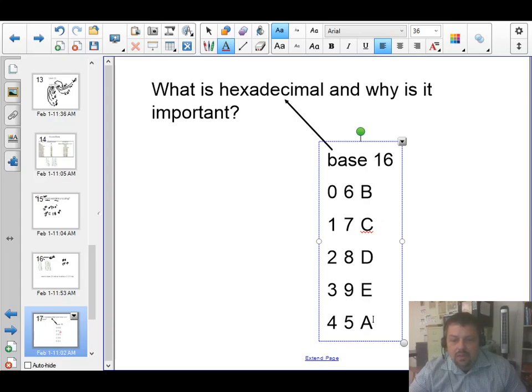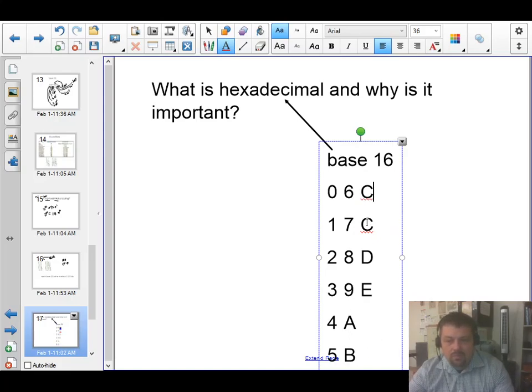So F should go there. There we go. So 0, 1, 2, 3, 4, 5, 6, 7, 8, 9. So that's 10 symbols. Then 11, 12, 13, 14, 15, 16. 16 total symbols in hexadecimal.